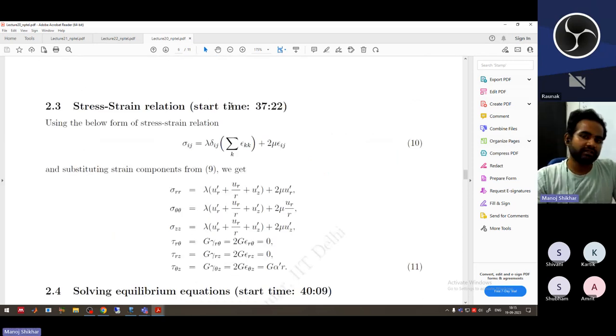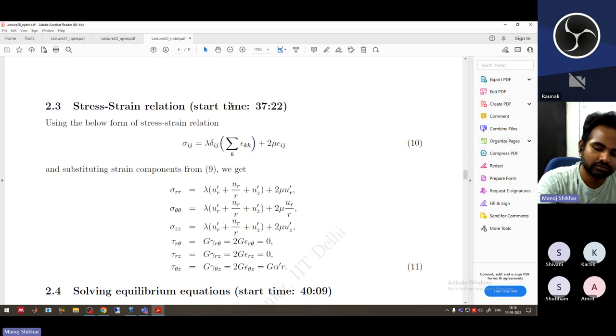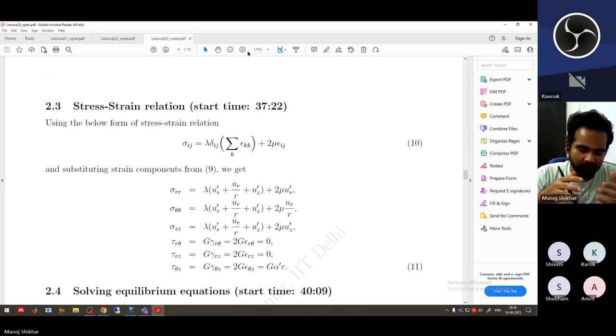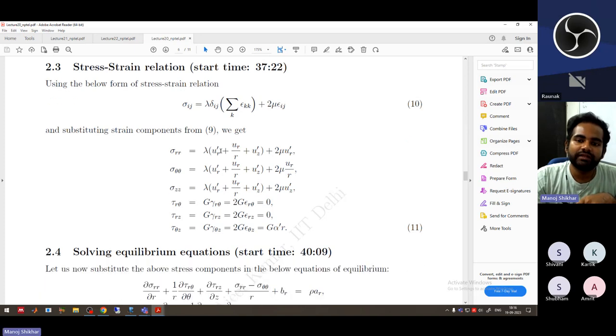Now we already know the stress strain relation for an isotropic material. Here we have just replaced the expressions of epsilons in terms of the displacement fields, so you get these stress displacement relations.